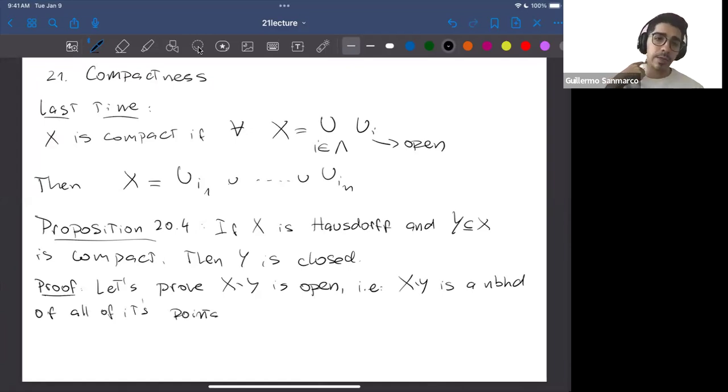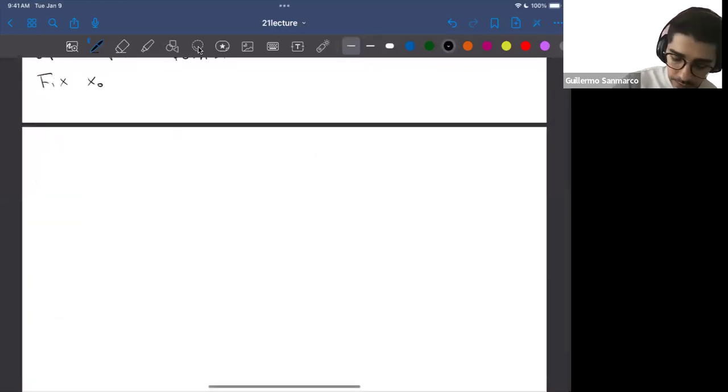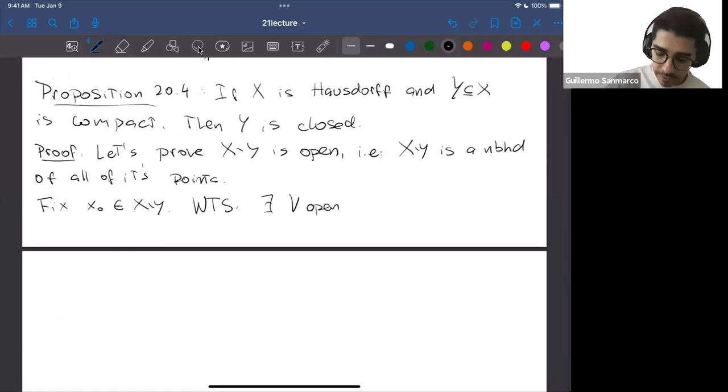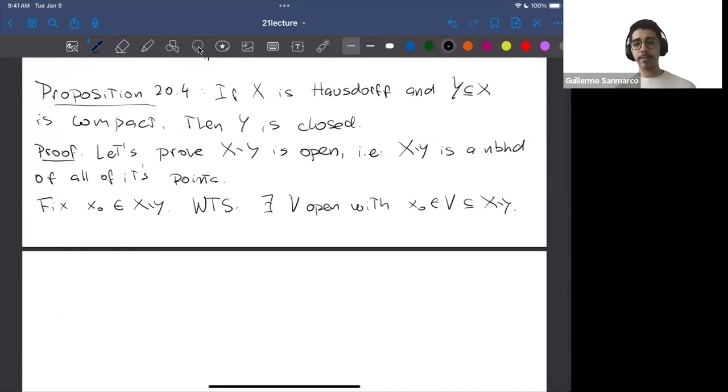So we need to prove that if you take any point in X minus Y, then there's going to be some open neighborhood of the point inside X minus Y. So let's fix something, let's call it x naught, in X minus Y. And what we want to show is there exists some open set in X that contains x naught and is inside X minus Y. That's what we need to prove if we want to show that X minus Y is open.